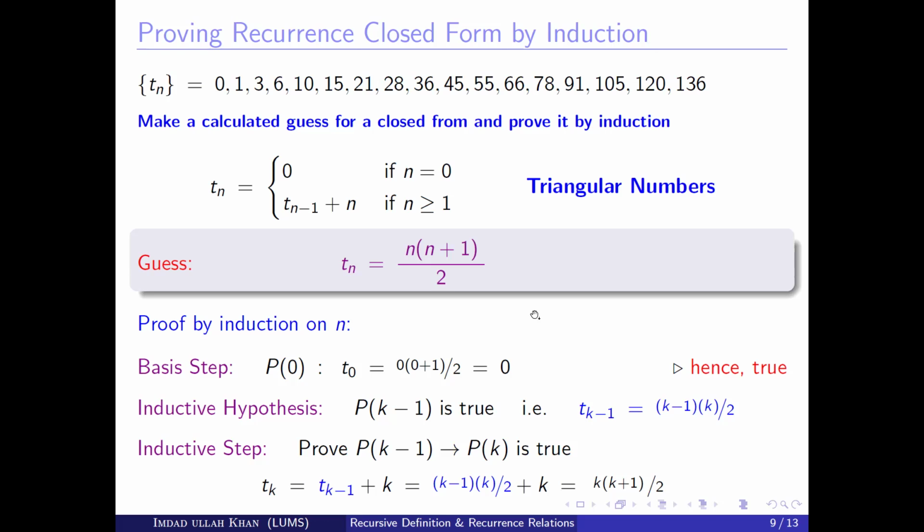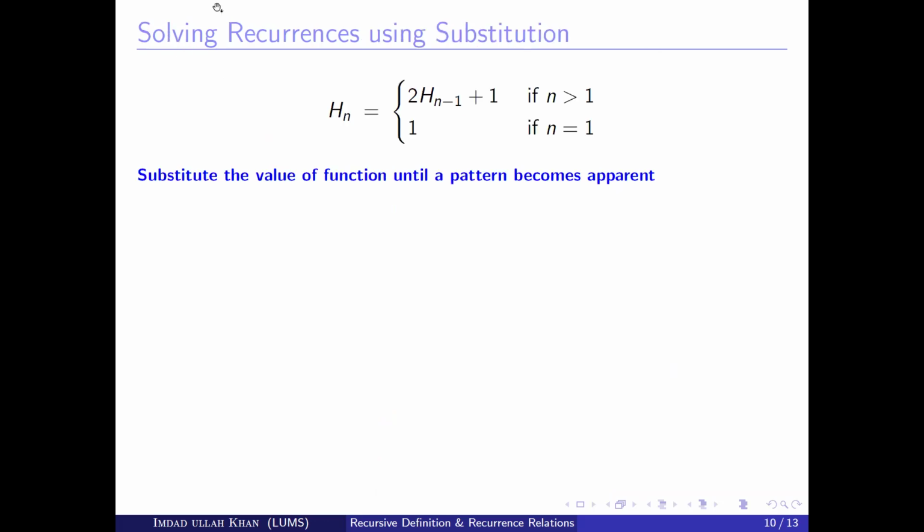Okay, we are now landing on the last and final part of today's session. This is an alternative method of solving recurrences using substitution. If we focus on the first part, 2hn minus 1 plus 1, this is a recurrence relation because hn is dependent on the previous value of the same function, in other words, hn is dependent on hn minus 1.